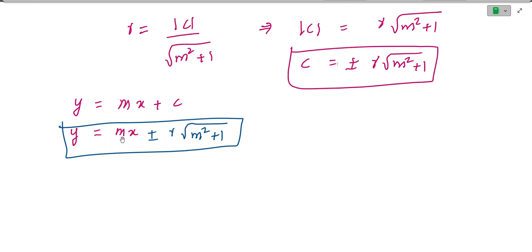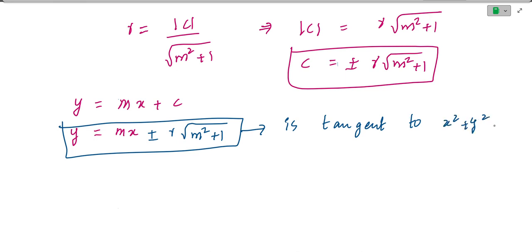So this is the equation of the tangent to this particular circle, the tangent to the circle equation x square plus y square is equal to r square.